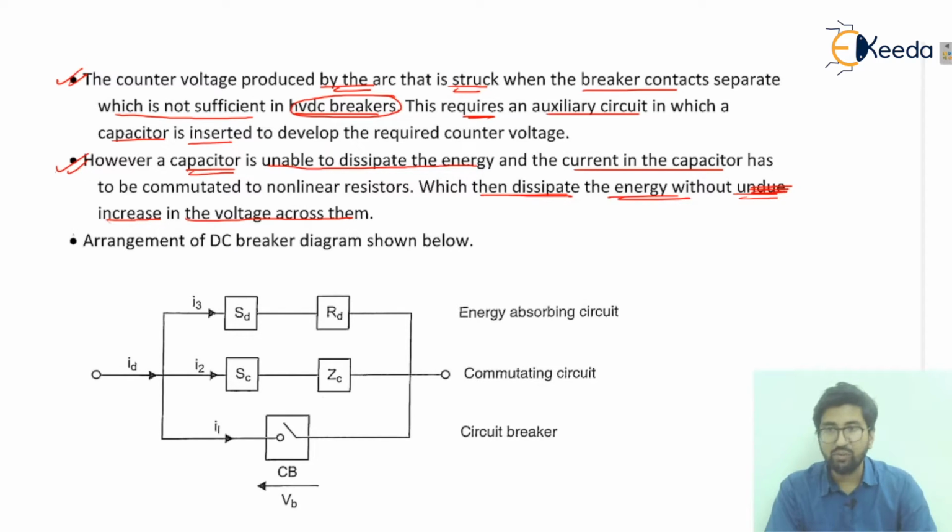Now, if we talk about the arrangement for the DC breaker, the diagram is given here. Here the current ID is flowing and it is dividing into I3, I2 and I1. This is the SD and this is the SC, this is the RD, this is the JC, ZC. This is called the commutating circuit. This is called the energy absorbing circuit, and this is the circuit breaker.